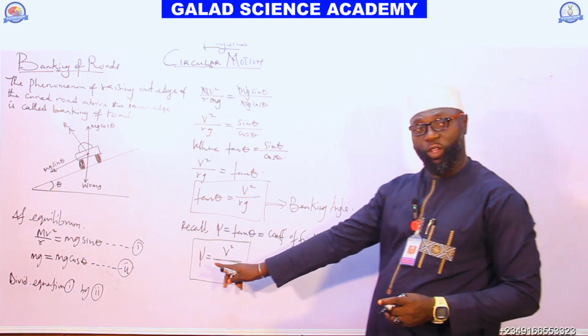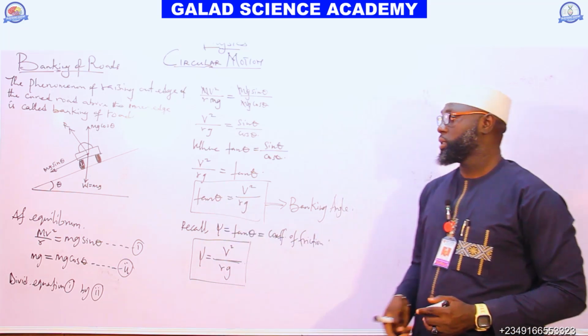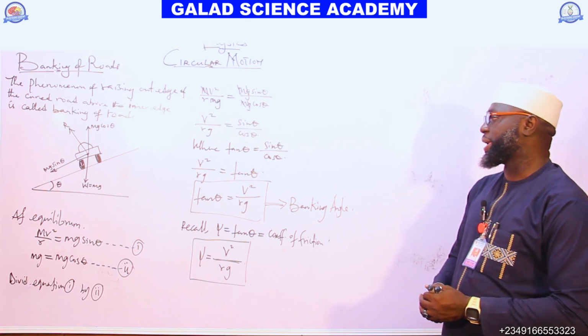So if you are to find the coefficient of frictional force, it is the same thing as the tan of the angle of banking.